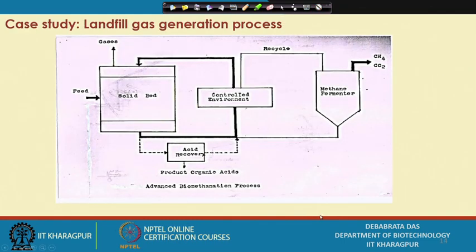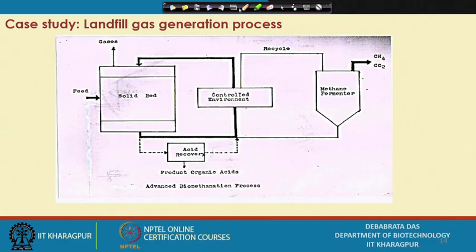Now, let me give you a case study, so that the things will be a little bit clear to you all. I have taken the example of the landfill gas generation process. Landfill gas generation is found to be a very profitable business as far as western countries are concerned. What they do, they take the city garbage and dump it in the downland.